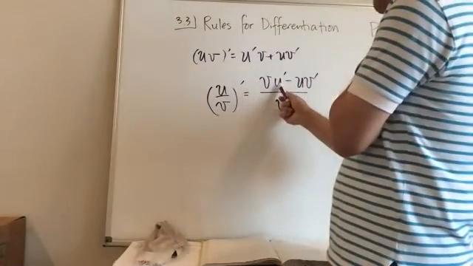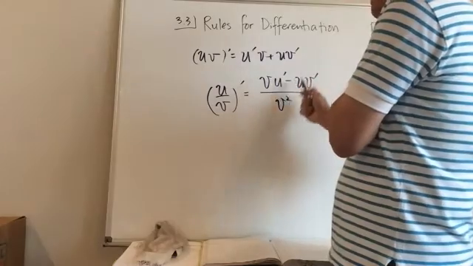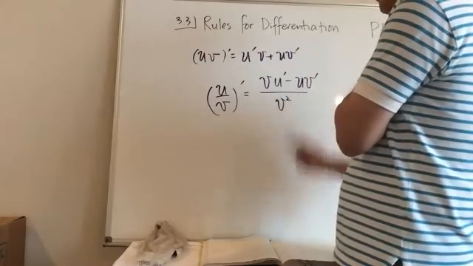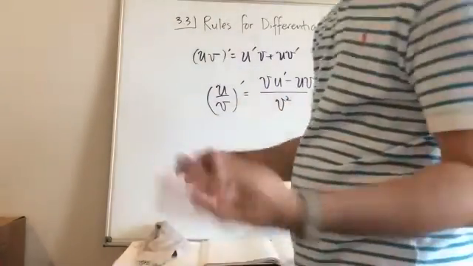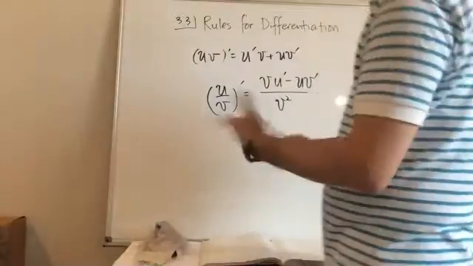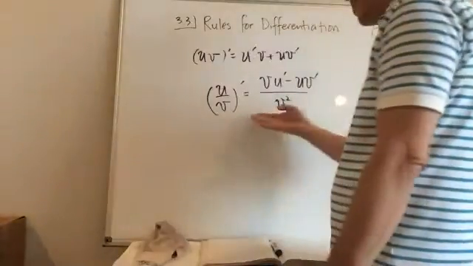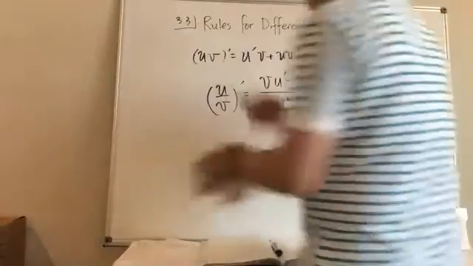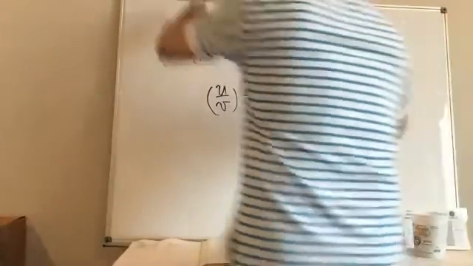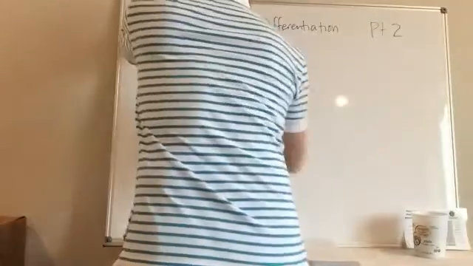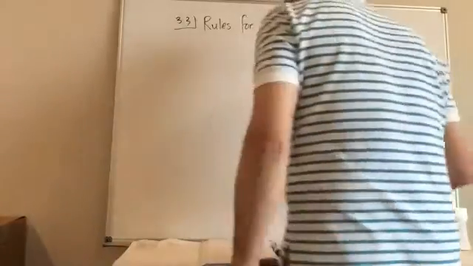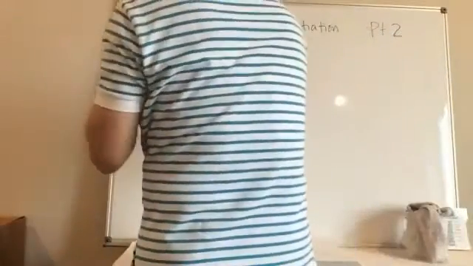So the way that most people remember this is low d high minus high d low. So yes, this is a little tougher than the product rule. The quotient rule is going to be tougher than the product rule. Okay? So let's see if we can use this.